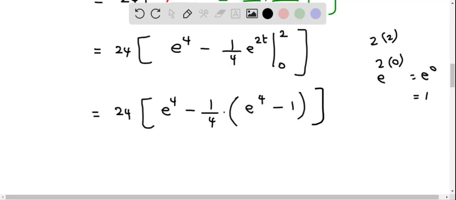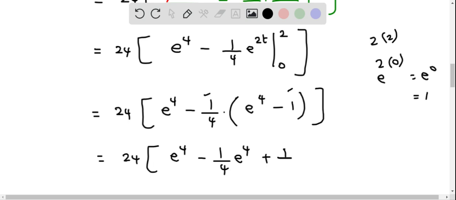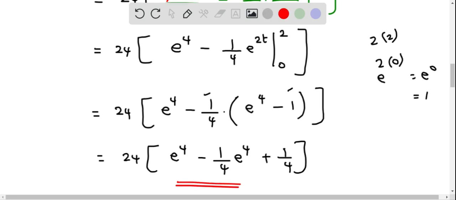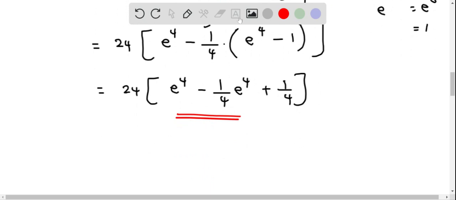Now let's simplify. So this equals 24 times, this is e power 4 minus 1 fourth of e power 4. And then this negative 1 fourth times negative 1 is positive 1 fourth. These two are like terms, that is e power 4 minus 1 by 4 e power 4.